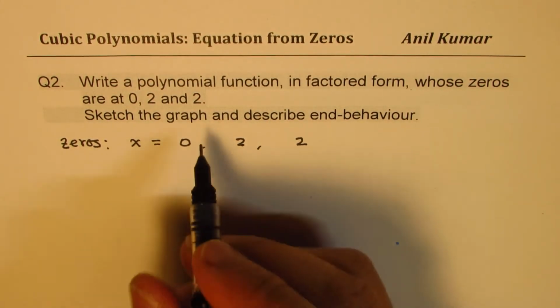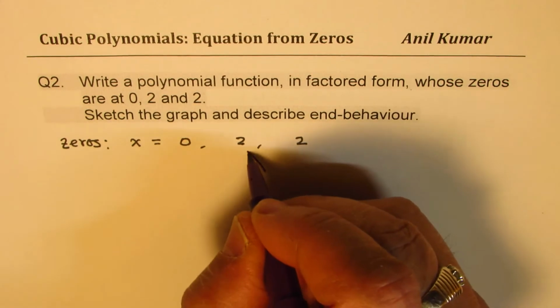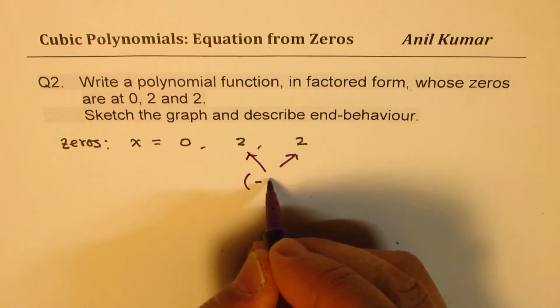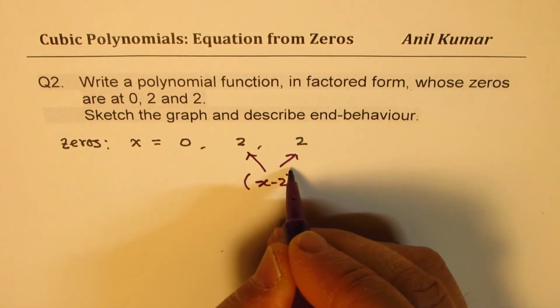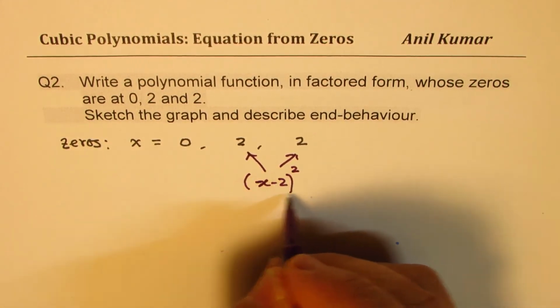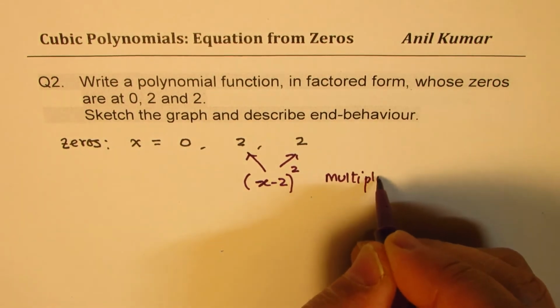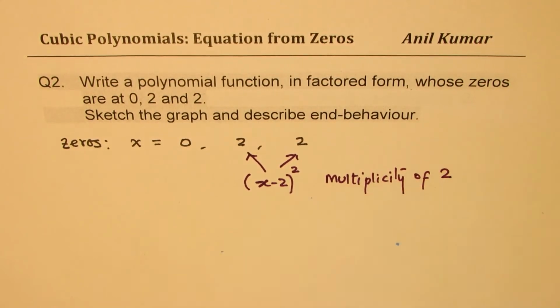Perfect. So we have a double zero. So we have two zeros at the same point. So the factor, which is going to be x minus 2, will have order of 2. Right? So this is called multiplicity of 2.